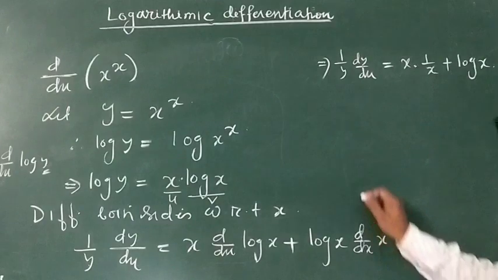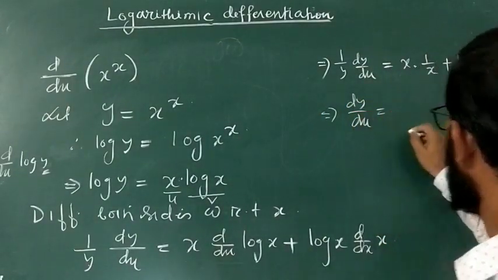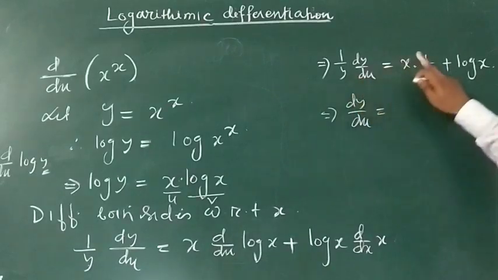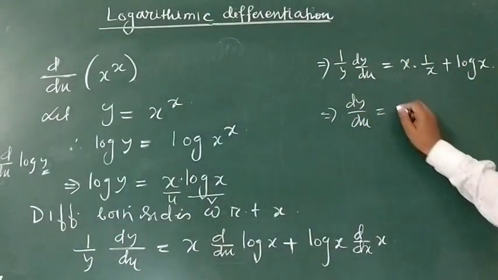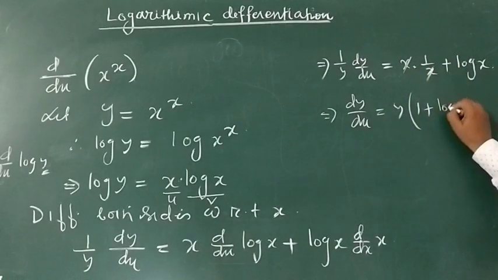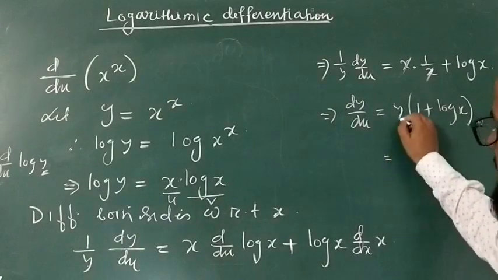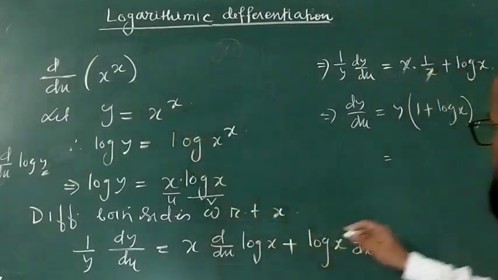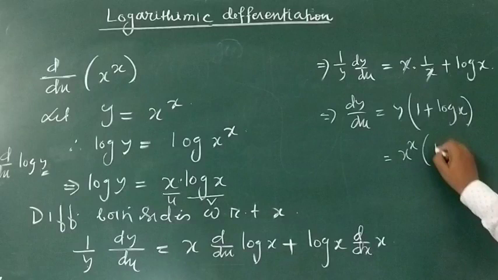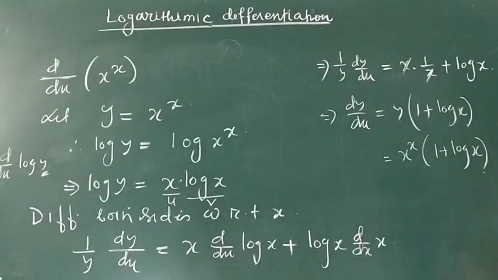Then dy by dx is equal to y multiplied with this expression, y into 1 plus log x, and if you replace y by x to the power x, the final result is x to the power x into (1 plus log x). This is a particular simple example I have taken.